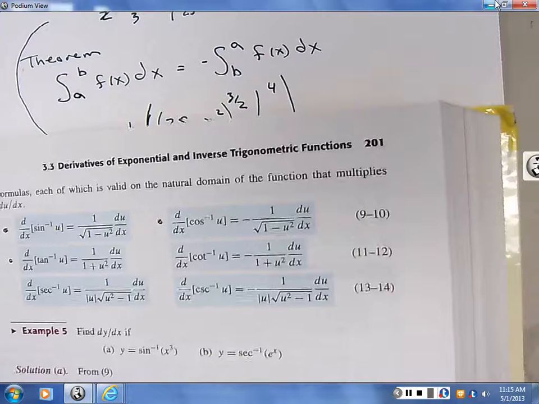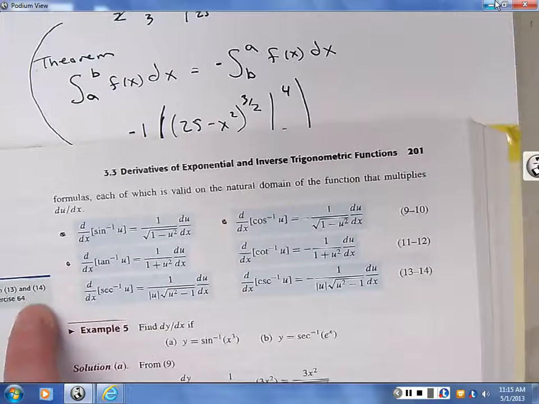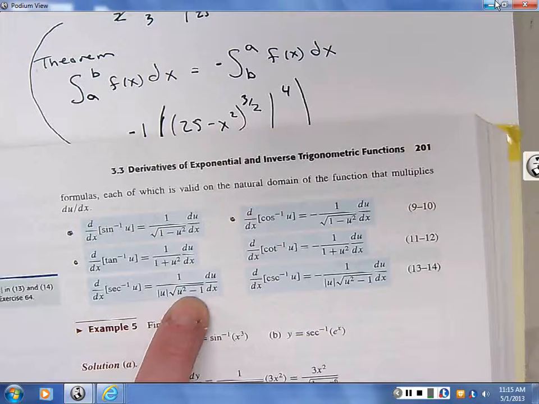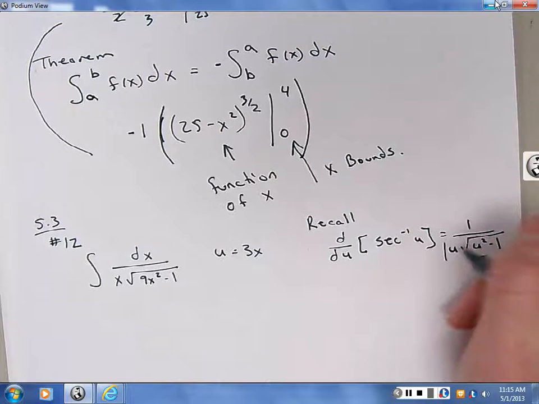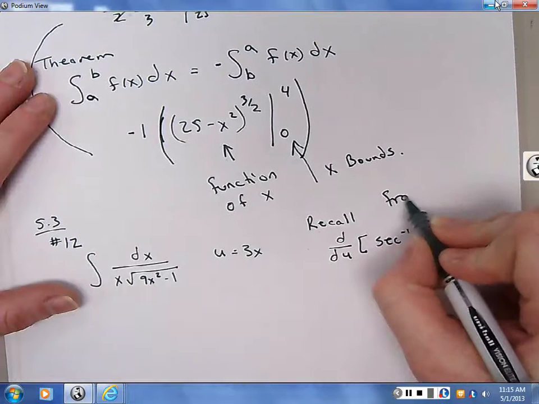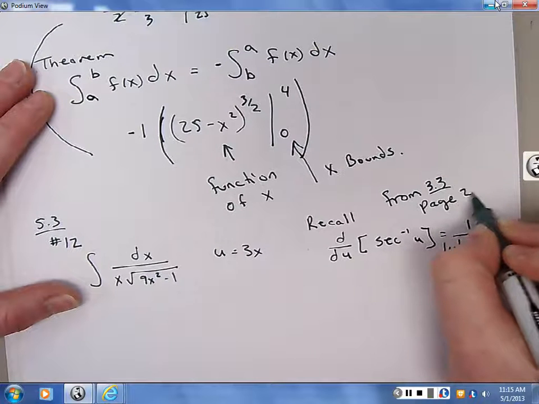We're only going to have sine inverse and tangent inverse? Yes. So this is actually the absolute value. This is from the book, section 3.3, page 201.